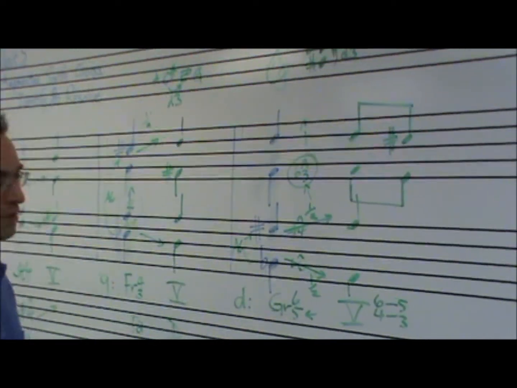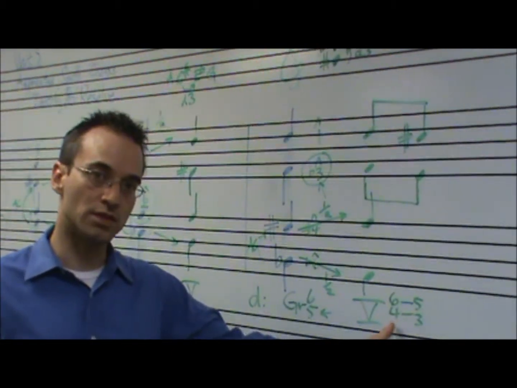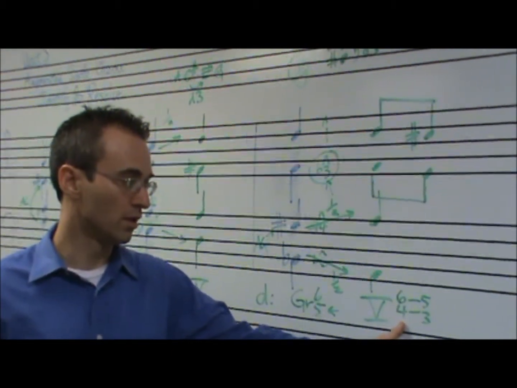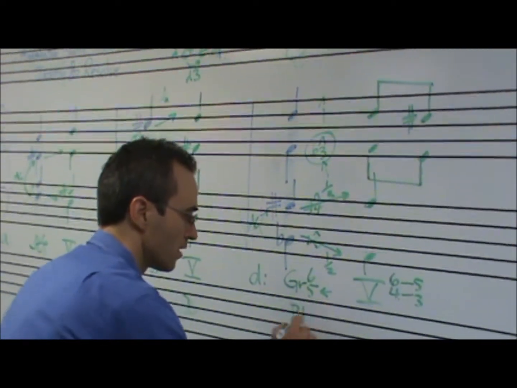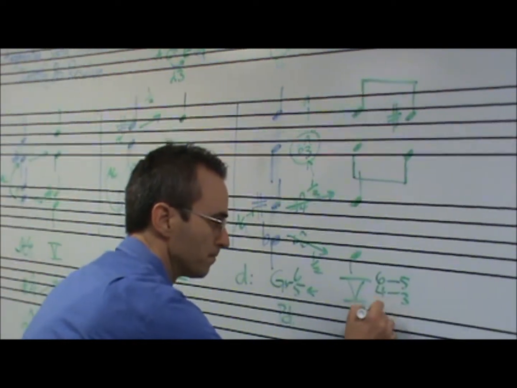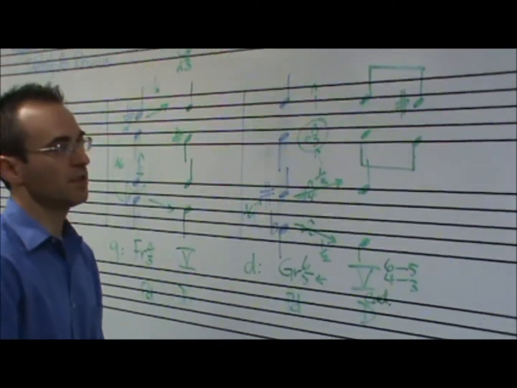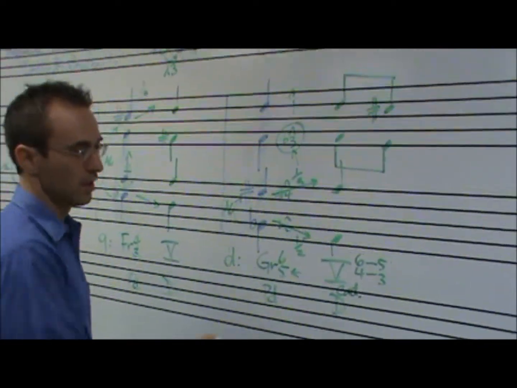Remember, when you write a German 6-5, you've got to avoid parallel fifths, and the most common way to do it is to do a cadential 6-4, moving to the 5. It's still doing its job. The German 6-5 is serving as a predominant to this dominant. You've just had to insert a cadential 6-4 to delay the resolution to the 5.